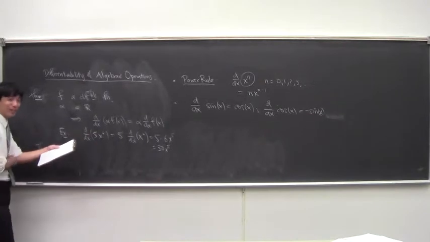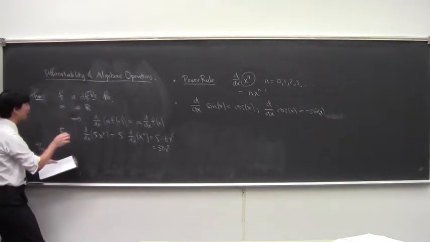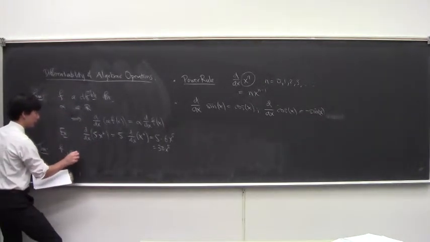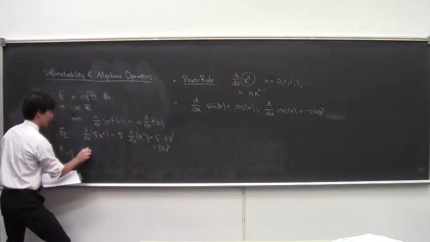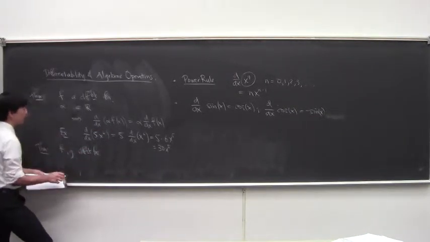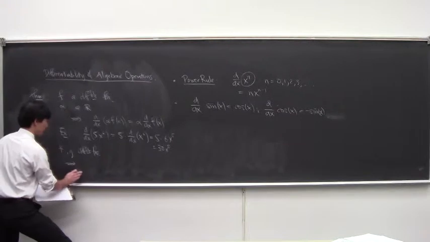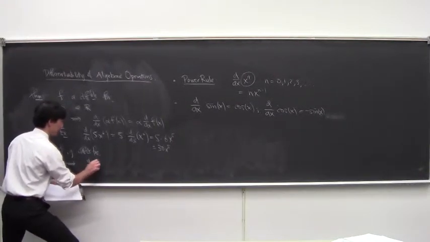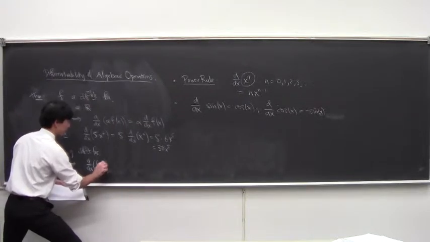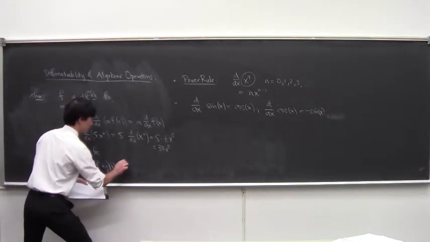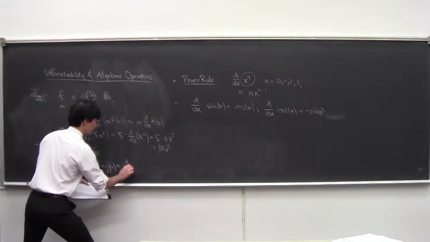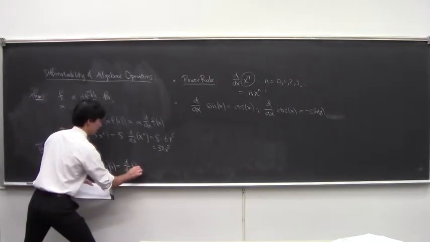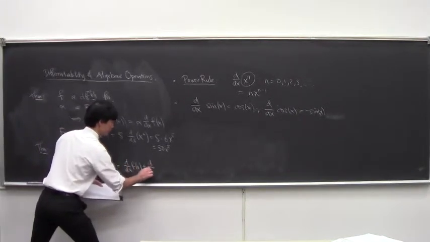The second thing is, if you have f and g differentiable functions, then the derivative of the sum of these functions equals the sum of the derivatives of the functions.